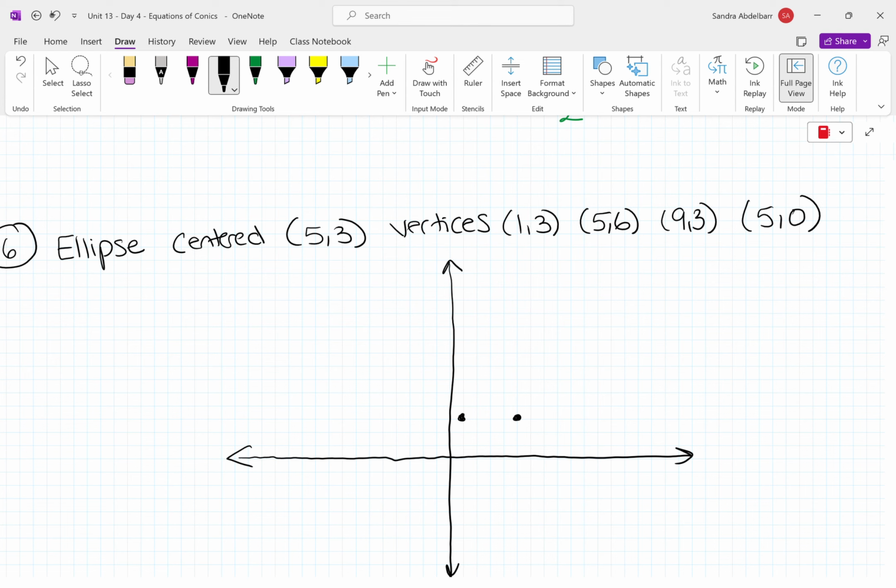There's my center. Then we have vertices 1, 3. And I have vertices 5, 6. And 9, 3. And 5, 0.